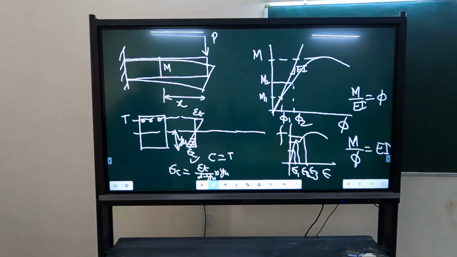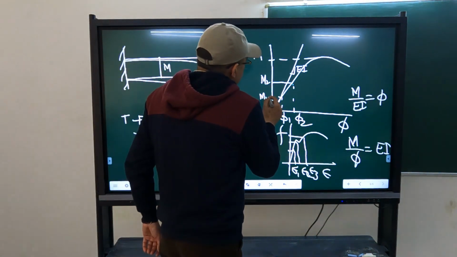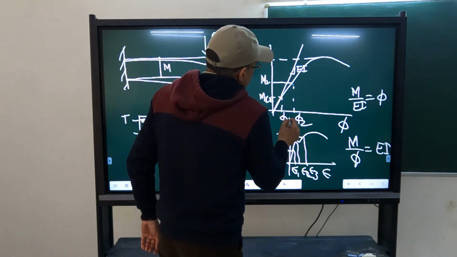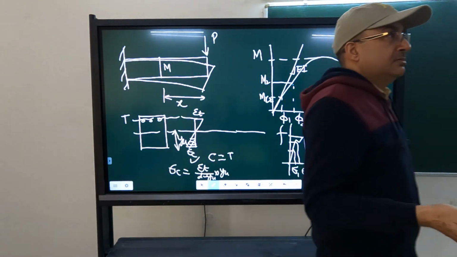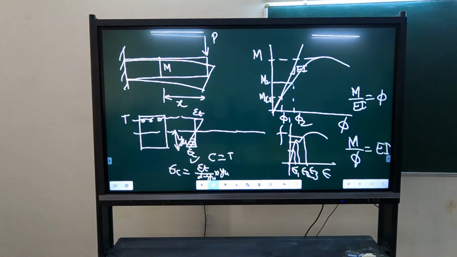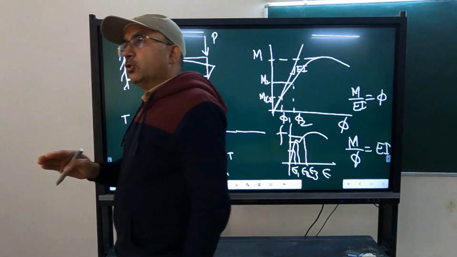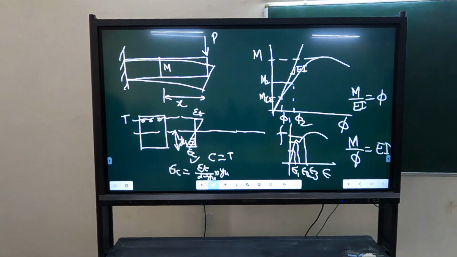So till cracking occurs, this is actually the moment corresponding to cracking. So that is the strain at which cracking in concrete will occur. How can you calculate the strain at which cracking in concrete will occur? Equal to tensile strength.